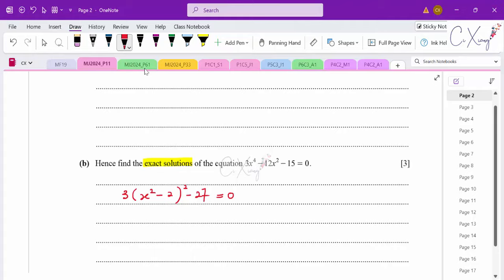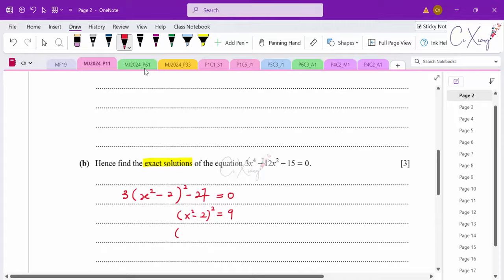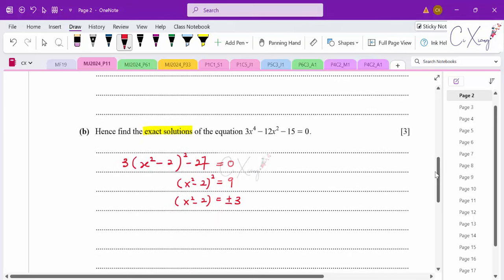First step, I move all the numbers to the other side. So I have x squared minus 2, all squared, equals 27 divided by 3, which gives 9. Next step, you take the square root of both sides, and you will have plus minus 3. Then for x squared, you have 3 plus 2, which is 5, and also negative 3 plus 2, which is negative 1.